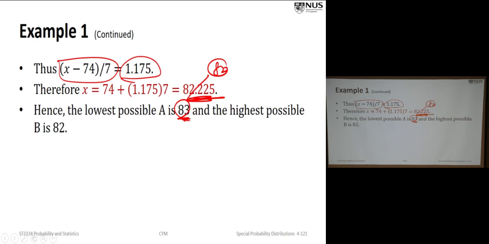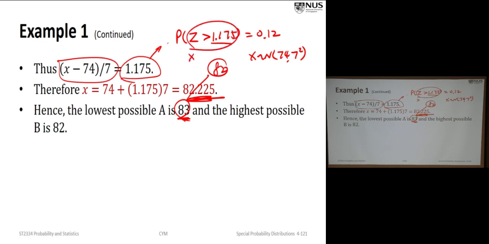So I just want to highlight this one. This is saying that for a standard normal greater than 1.175, it is 1.175 standard deviations above the mean. The probability is 0.12. So if my x is normal with mean 74 and standard deviation 7, then this is equivalent to x greater than 82.225.